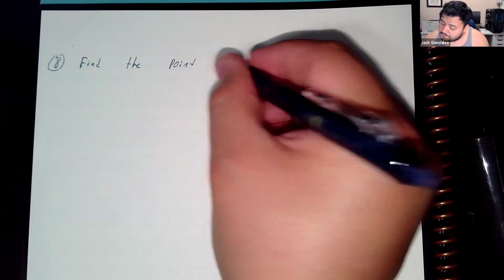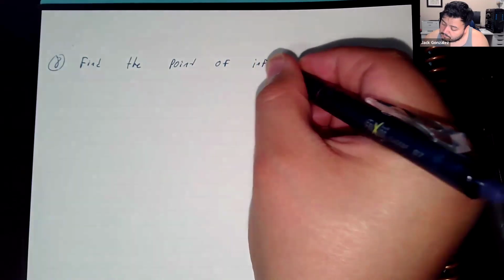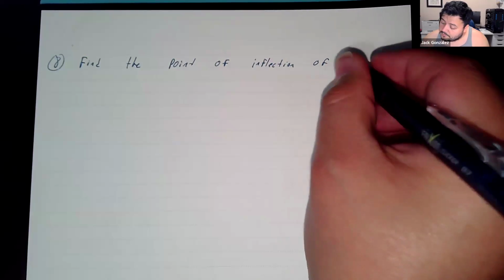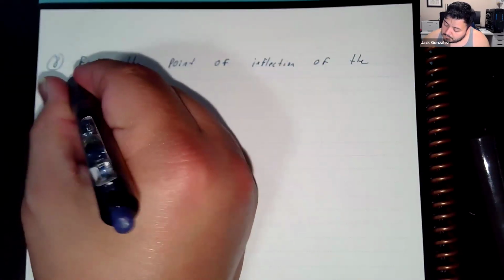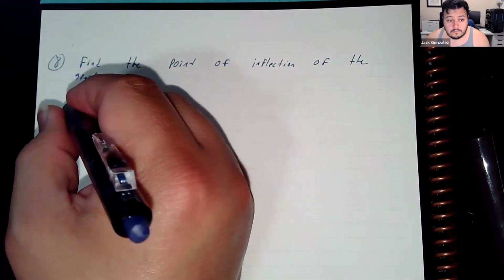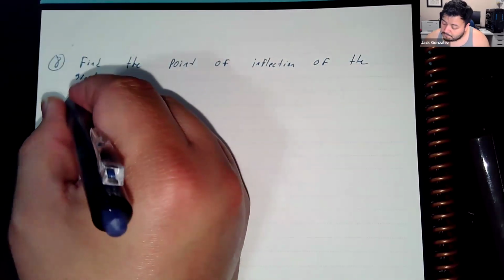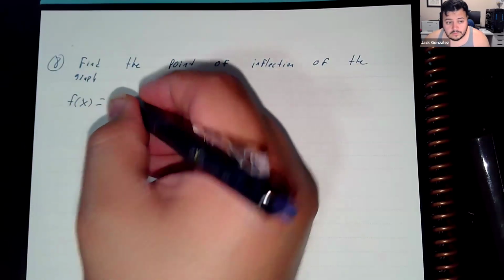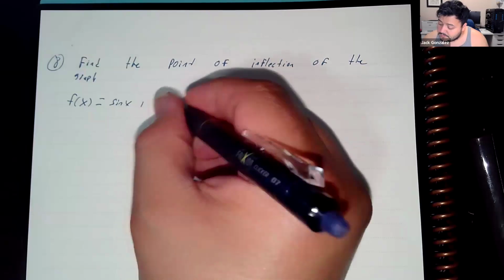Find the point of inflection of the graph f(x) equal to sine x on this interval, 0 to 2 pi.